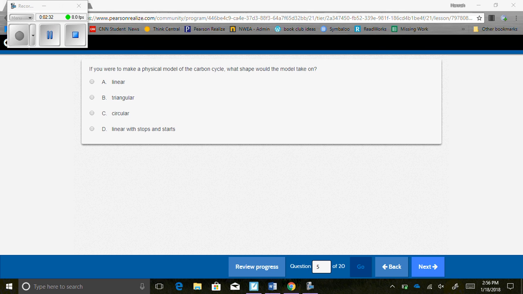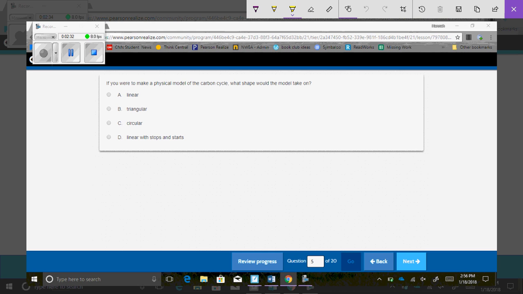Question 5. If you were to make a physical model of the carbon cycle, what shape would the model take on? A, linear, B, triangular, C, circular, D, linear with stops and starts.